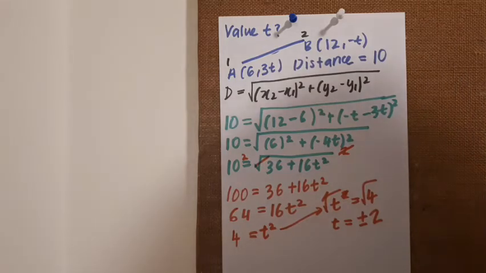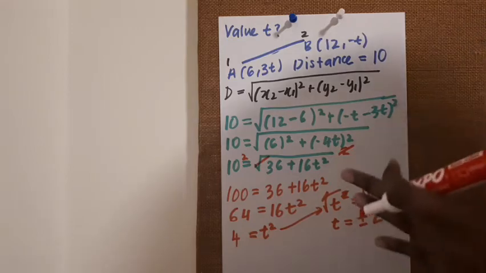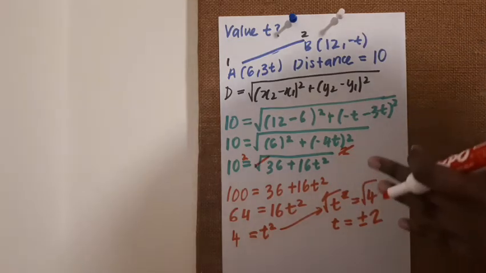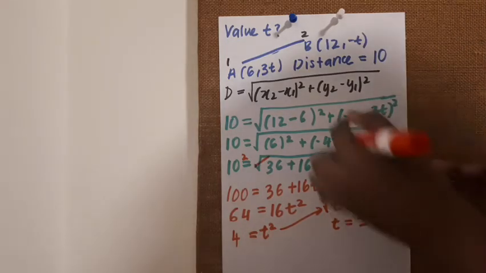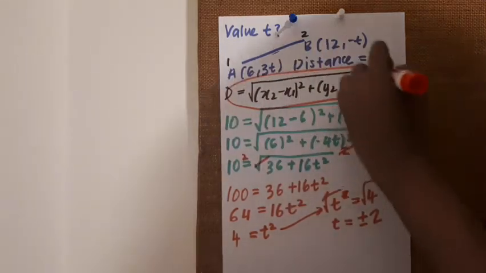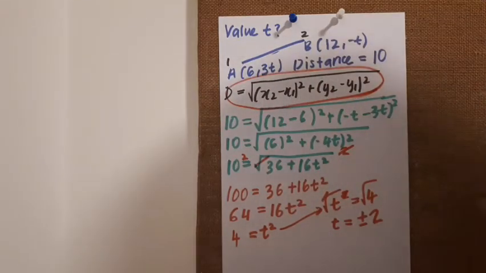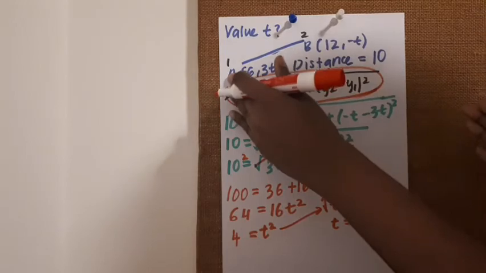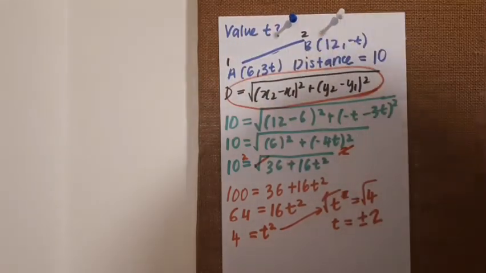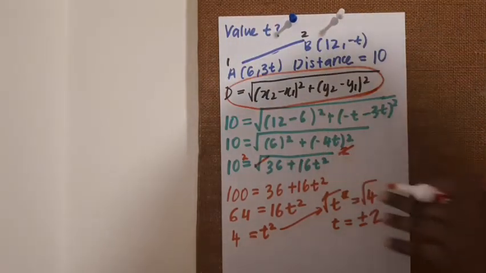Okay, so this is the example question for distance between 2 points, and it's super easy. You just have to know the formula. You don't have to think much. Make sure you set up point 1 and 2 mentally, and then substitute everything.